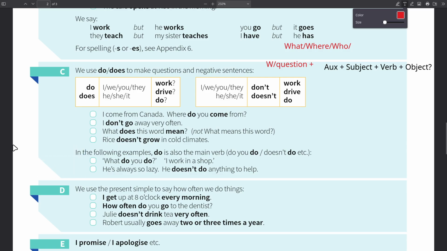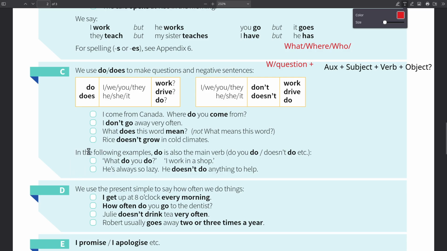Let's move on to the following examples. In the following examples, do is also the main verb. For example, do you do, or doesn't do. So remember, we can use do as a verb, but also as an auxiliary. This sentence is a clear example of that.